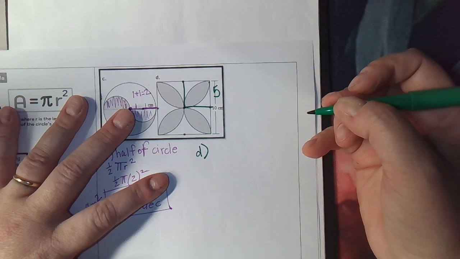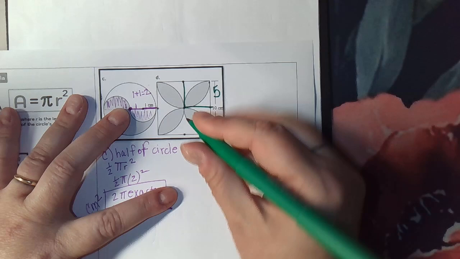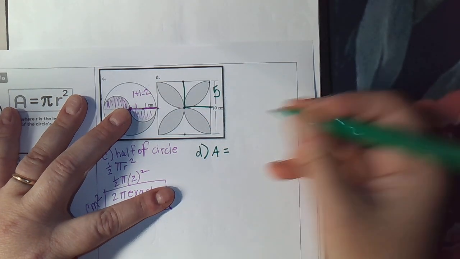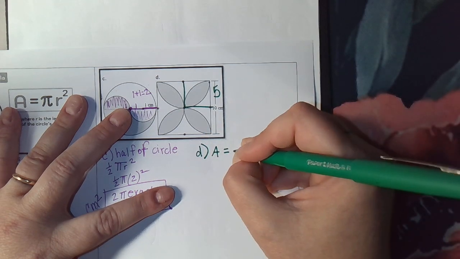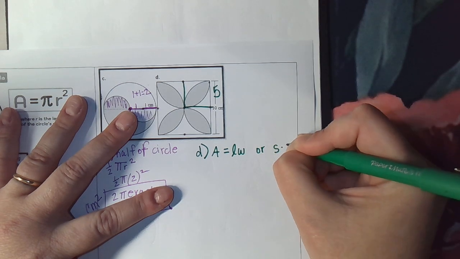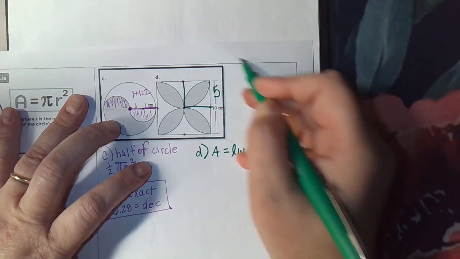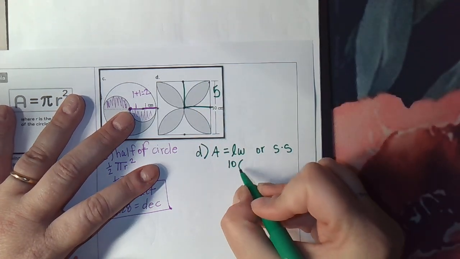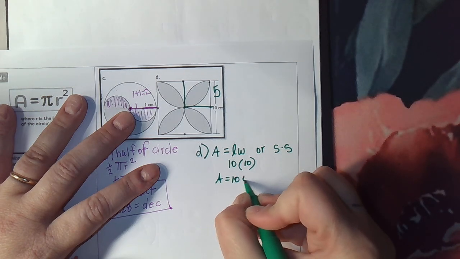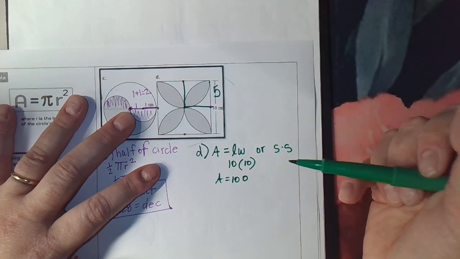So let's find the area of this huge thing. The area is going to be length times width, or side times side, if you can see that it's a square. The whole length is 10. The whole width is 10. So that makes 100. So that's the area of this big white square.